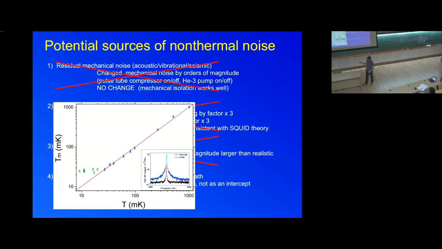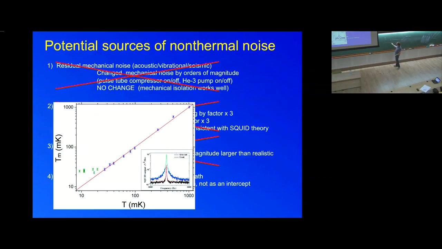This is an effect which you can model, and I would like to go into more detail on this. It's actually what you expect when you have some kind of overheating.